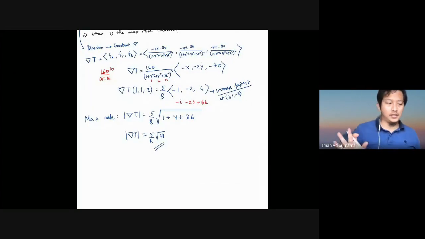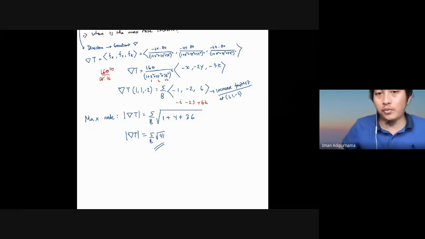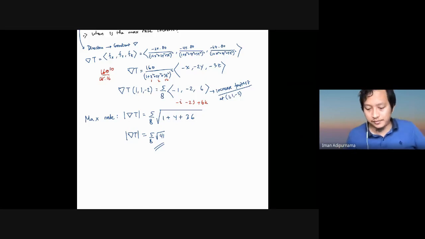The next section is, again, still similar to the tangent plane, but it's the tangent plane to level surfaces. So we are combining the gradient vector that we have learned now with the tangent plane that we have learned before, and combining them in our relations.